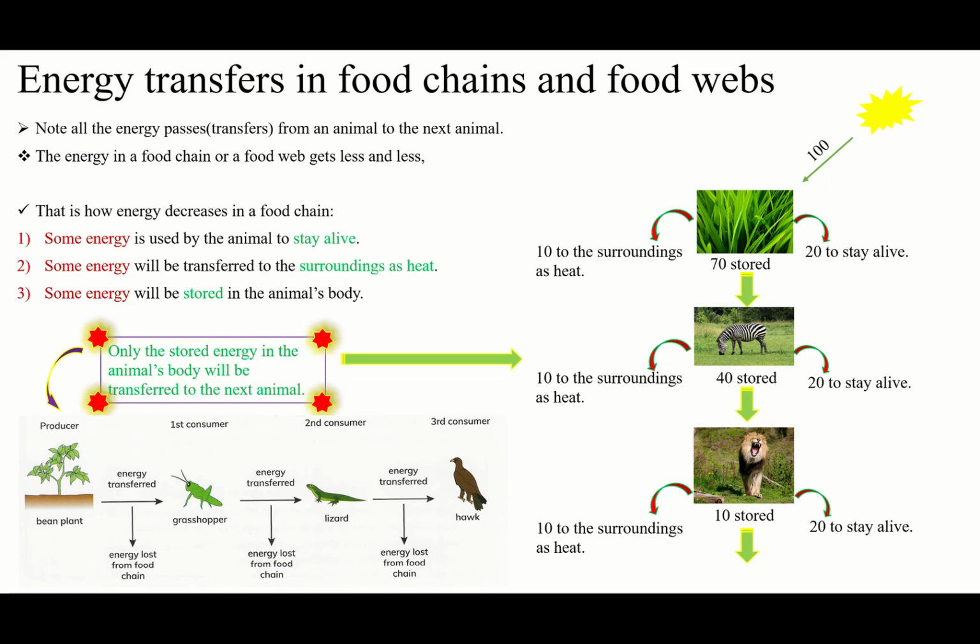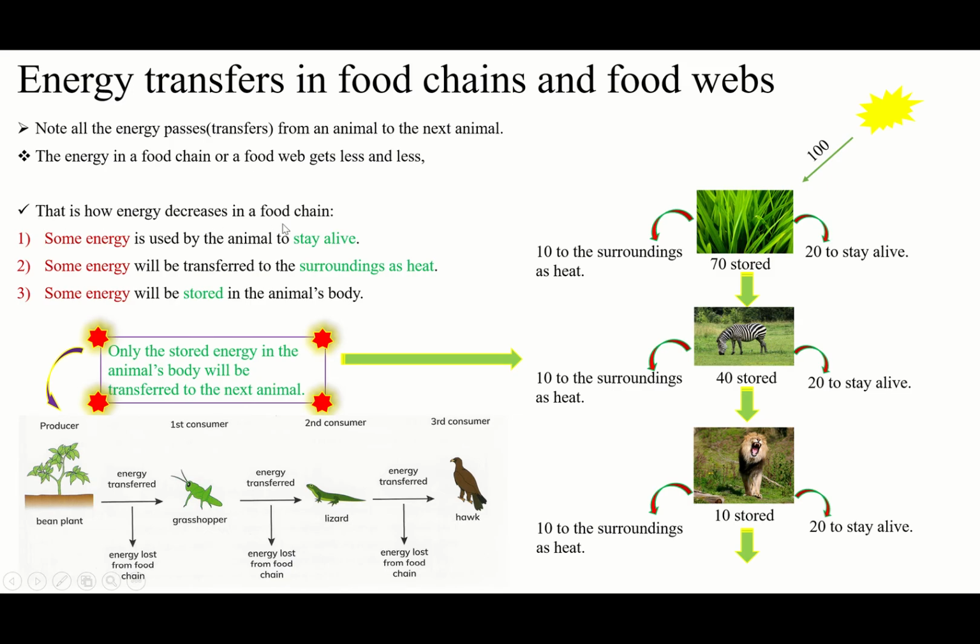If all is not going to transfer, what is going to happen to this? The energy in the food chain or a food web gets less and less. It means continuously the energy will get less. From one animal to another, it will get less. And now from this animal to the next one, the energy will get less. Some is lost.